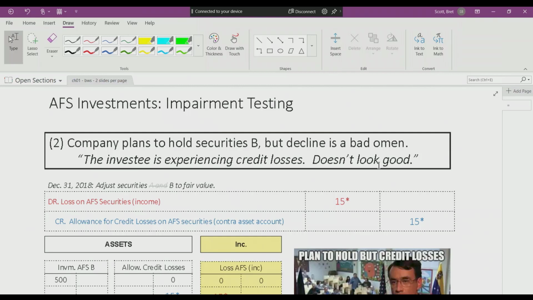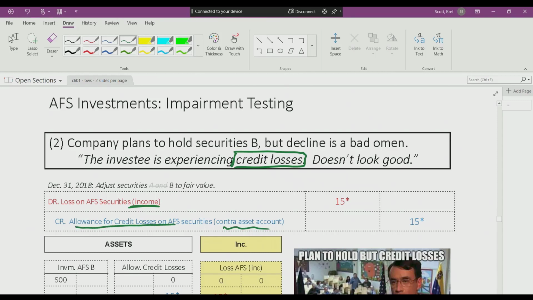That's bad news, right? So if the situation involves credit losses, a loss in the trustworthiness of the investee, then we have to look at that decline of 15 as a real effect to income.